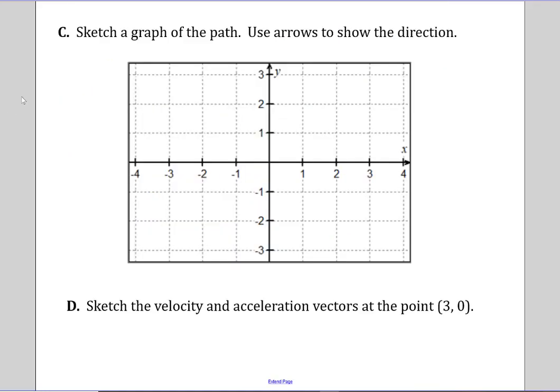In part C, they're wanting us to sketch the graph of the path and use arrows to show the direction.